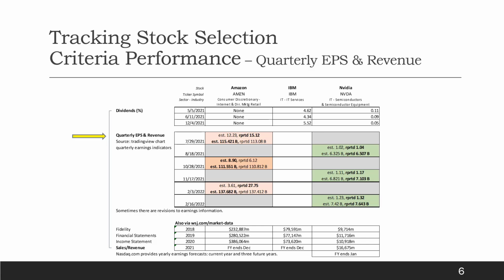Between dividends and sales revenue, a quarterly earnings per share and revenue section is being added, and data for Amazon and Nvidia are being added, beginning with the first earnings report after the June 1st buy date for each of the two. Amazon and Nvidia did not have earnings releases on the same day.